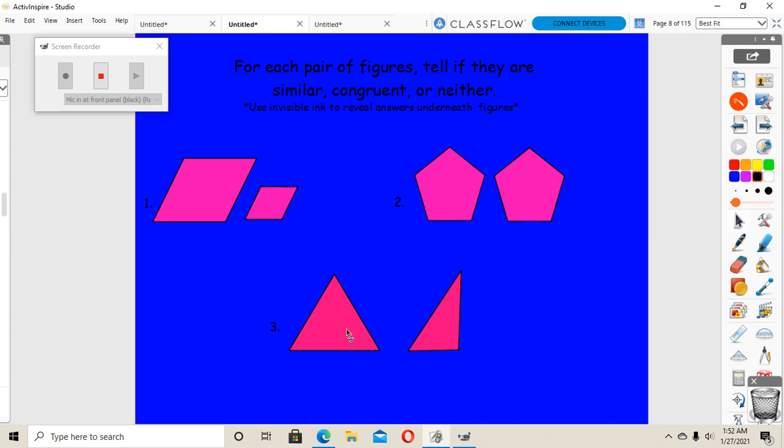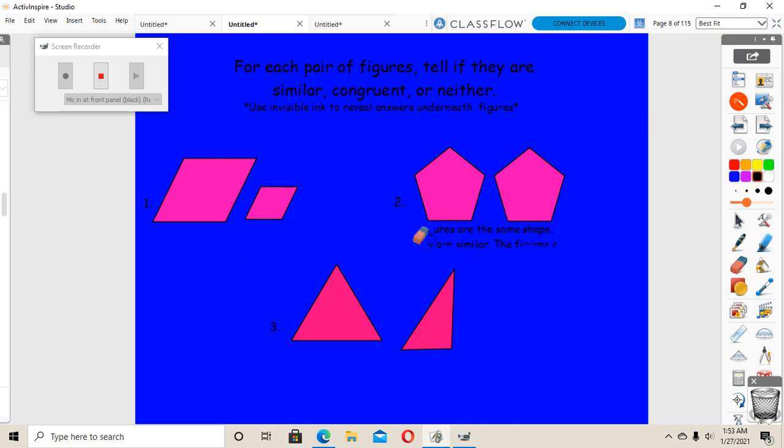And here in the triangles, they are not the same shape, so they are not similar and not even congruent figures.